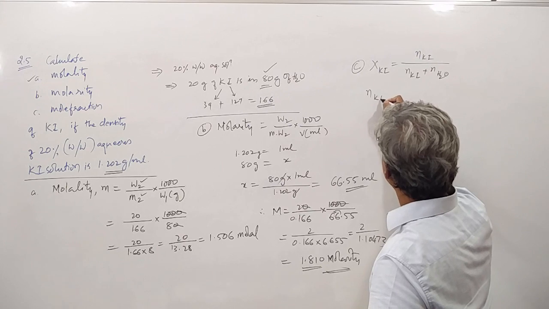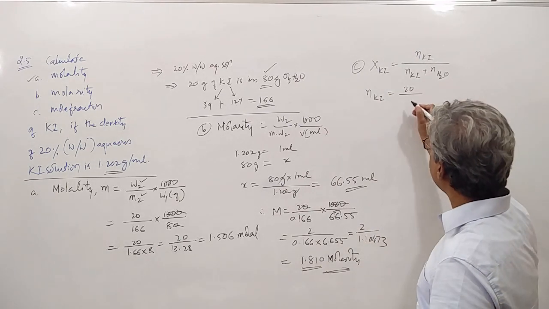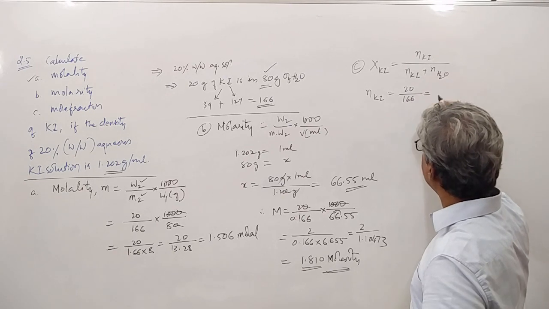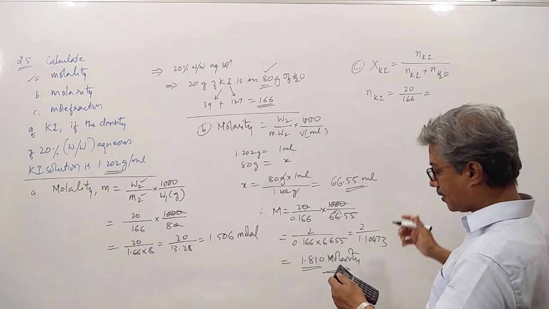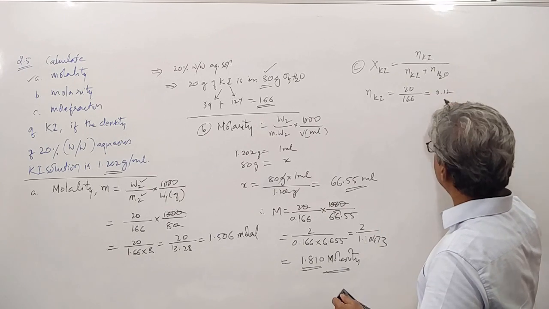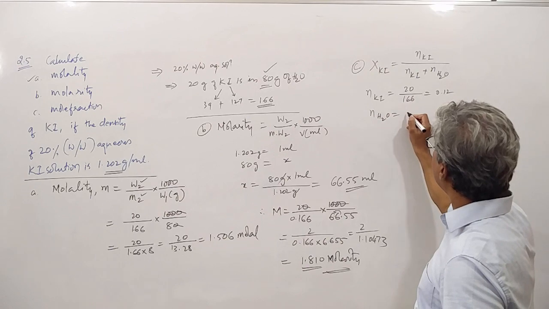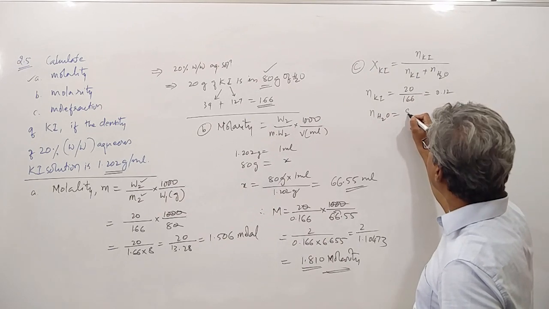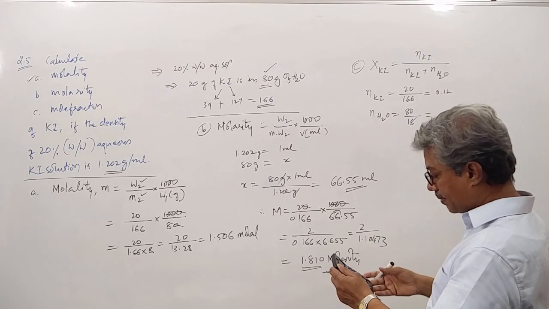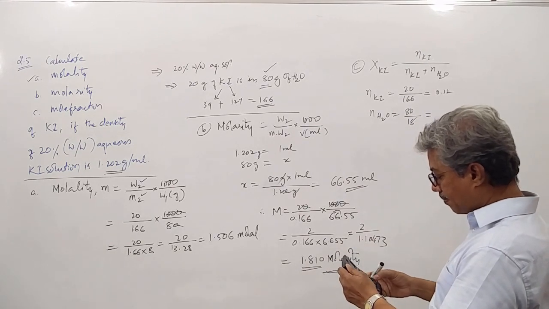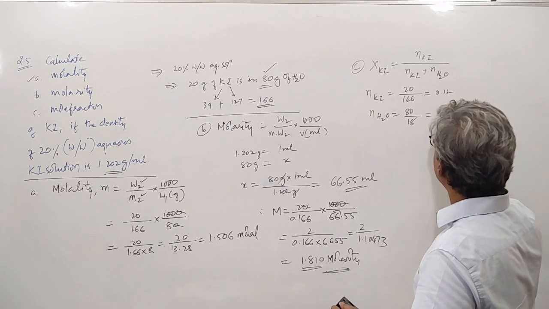Number of moles of KI is equal to weight of KI, which is 20 gram, divided by molecular mass 166, which is equal to 0.120. Now, number of moles of water is equal to weight of water, which we got as 80, divided by molecular mass 18. This will be 80 divided by 18, and this will be 4.44.